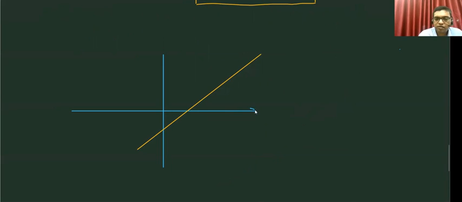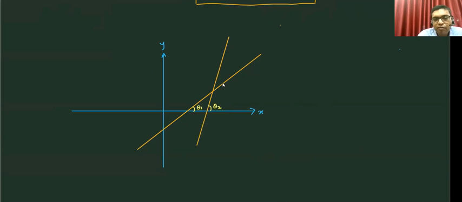So this is X, this is Y, and let's say this is line 2. Now the first line has inclination theta 1, the second line has inclination theta 2.